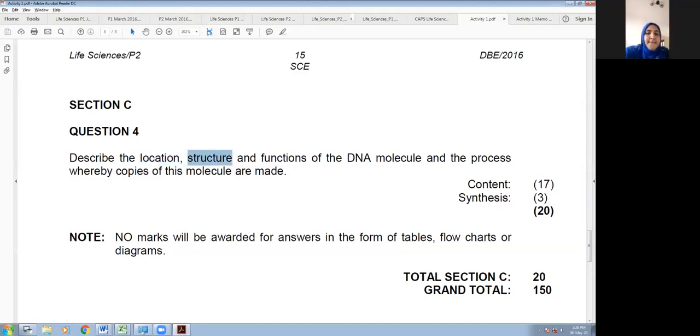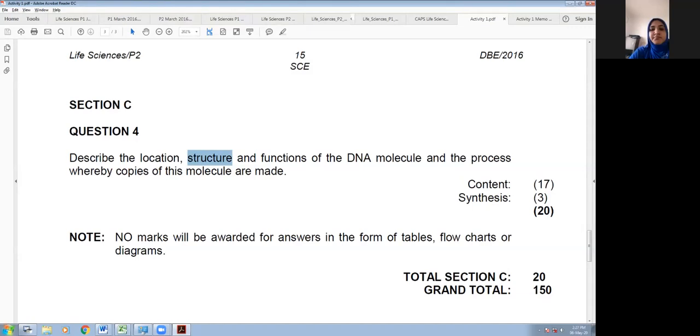Now the structure. Who can describe, remember it's not naming, it's describe. Now describe the structure of DNA. There's many parts to this here. There's a lot that we can speak about under the structure of DNA. Okay, it's made up of nucleotides, that's correct, Katlejo, right?